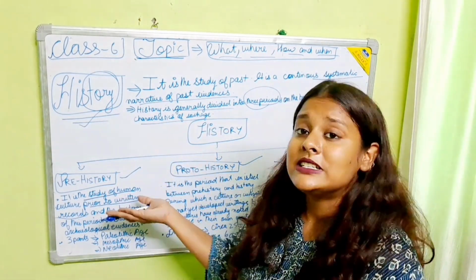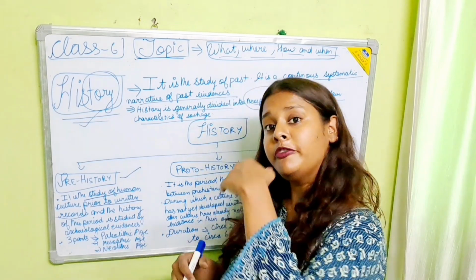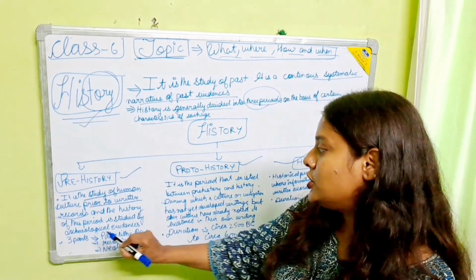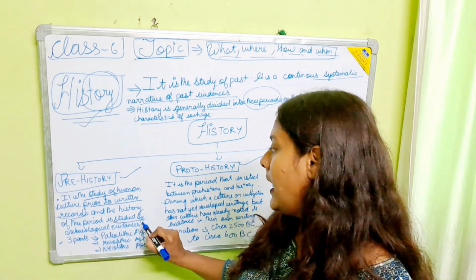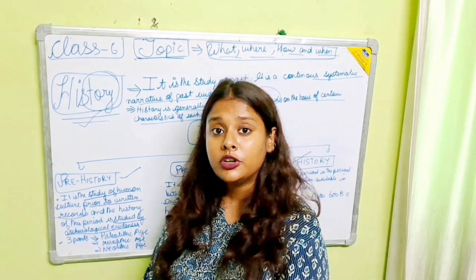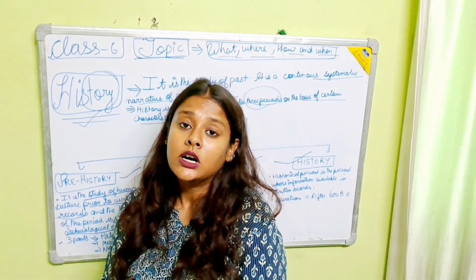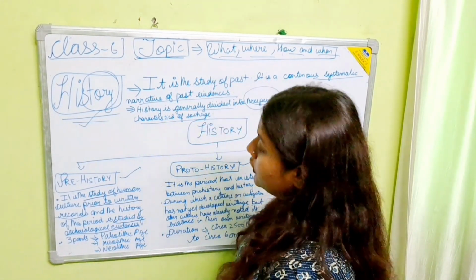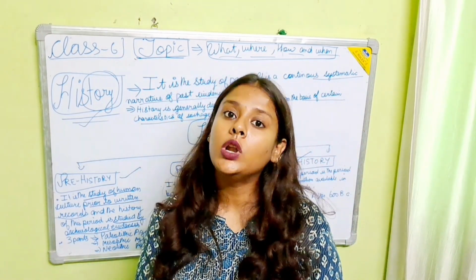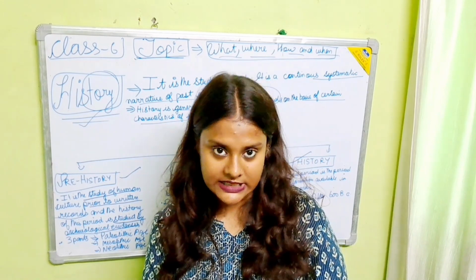But prehistory is the study of the human period before there were written records. And the history of this period is studied by archaeological evidences only. As there were no written records, how will we be able to study about the history of the human culture? So for that purpose, we can only use archaeological evidences.